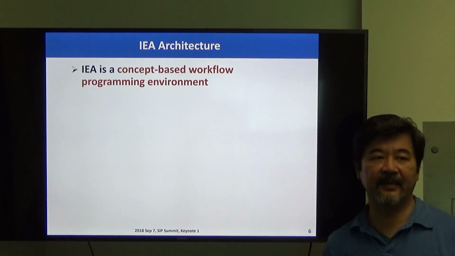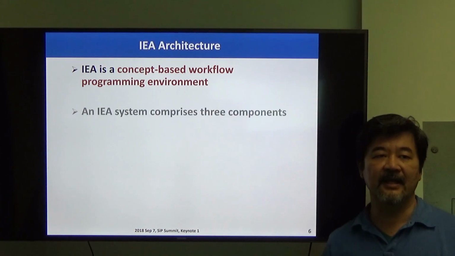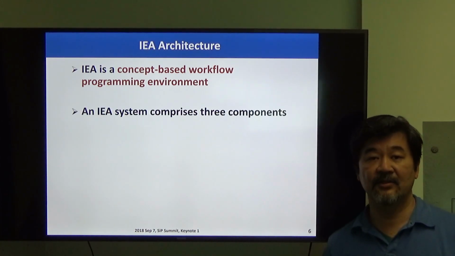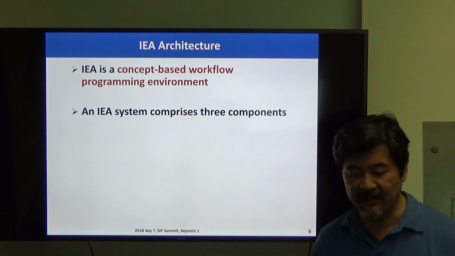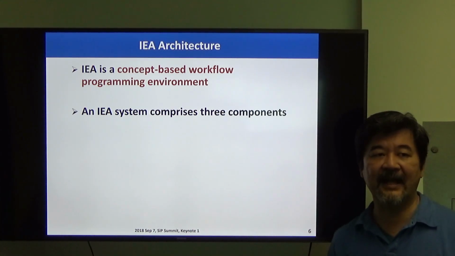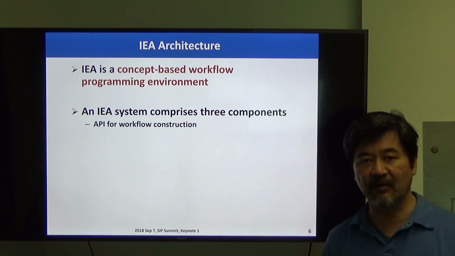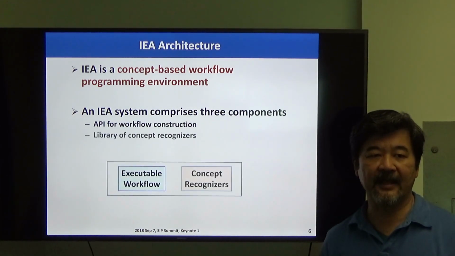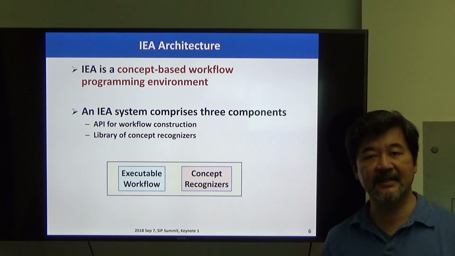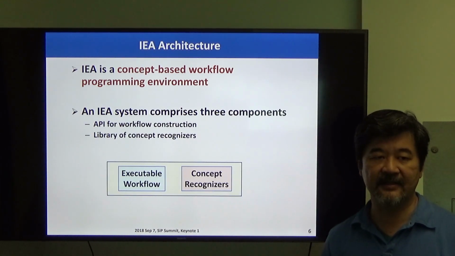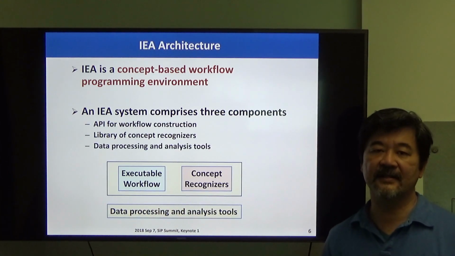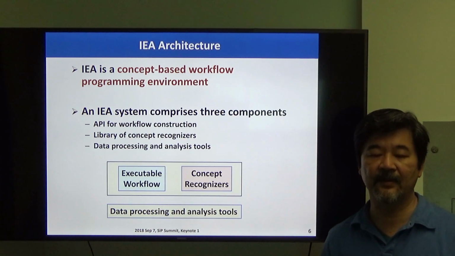As I mentioned, IEA is this concept-based workflow programming environment that allows us to construct autonomous executable workflows. Typically an IEA system comprises three basic components: an API for workflow construction to describe what the workflow is supposed to do, a library of concept recognizers based on analytic tools and machine learning models, and a data processing and analytic tools component.